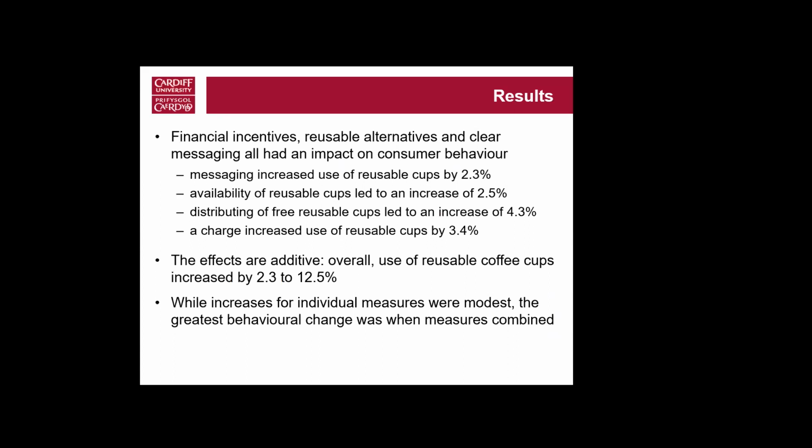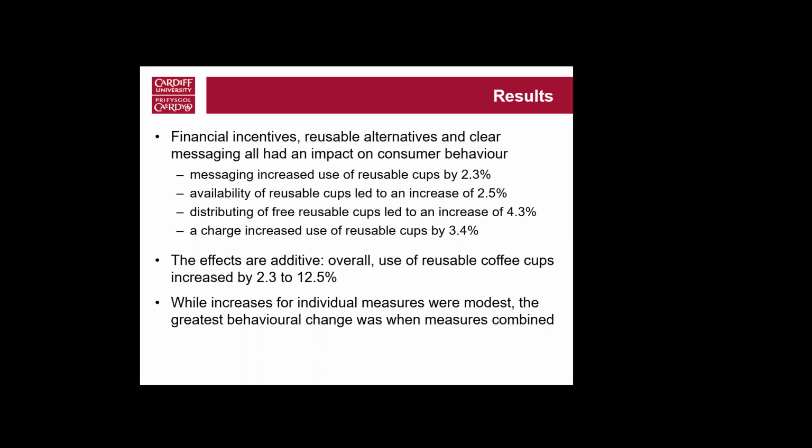Now, it is important to note that while the increases for these individual measures are relatively small, these effects are additive. So if you have messaging, which all of them have, if you provide reusable cups or you provide them for free and then have a charge, you can effectively add them all up.